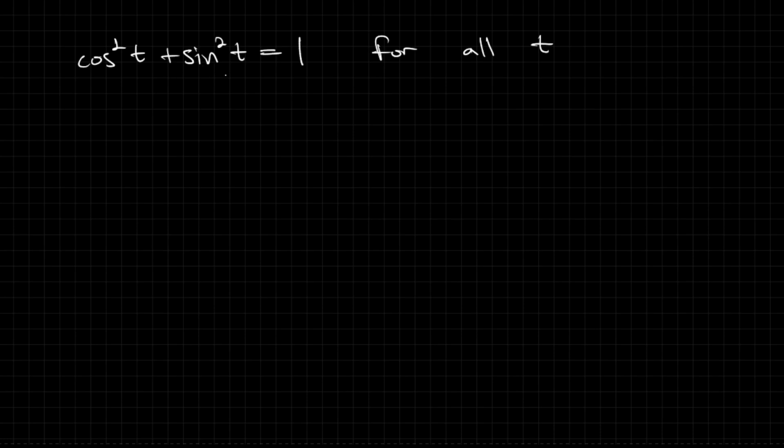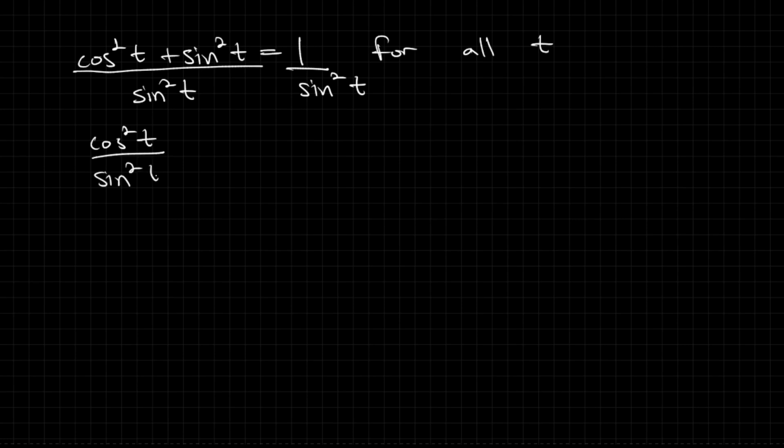In particular, if you divide both sides by sine squared t, then we get an identity that is very useful. So we have cosine squared t over sine squared t, plus then we have sine squared t divided by sine squared t, and that's just going to be 1, and then we have 1 divided by sine squared t.